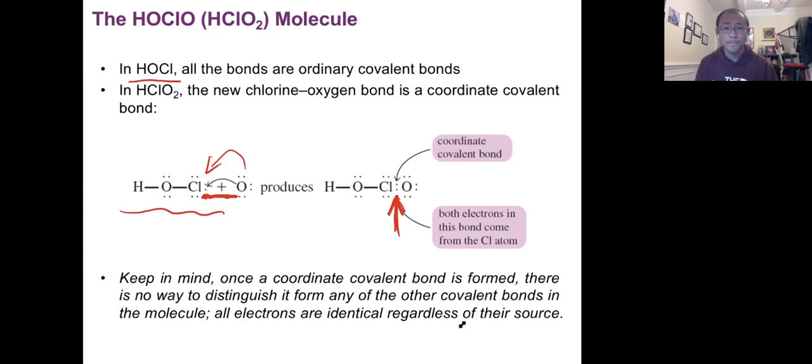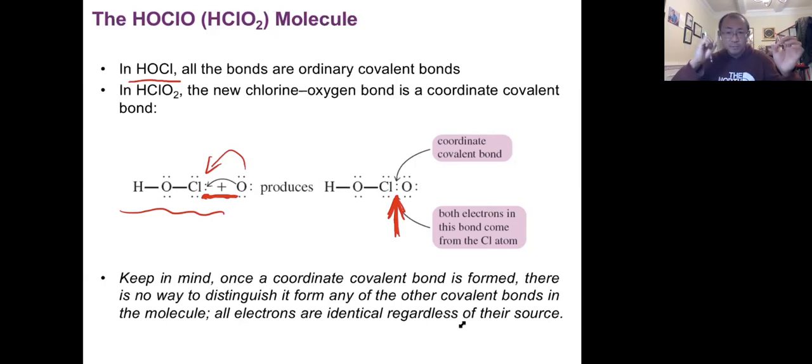Normally, if you look at a bond, and the number of electrons missing from an atom equals the number of electrons in the bond, that means the electrons in the bond came from one atom instead of the other.